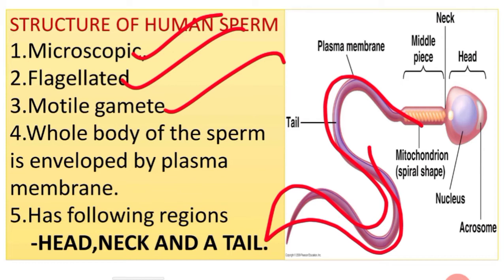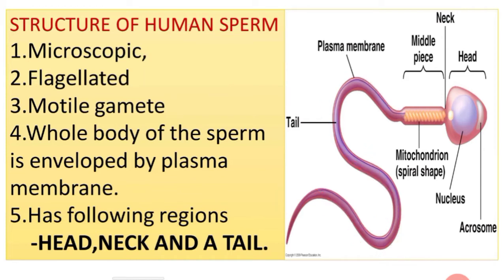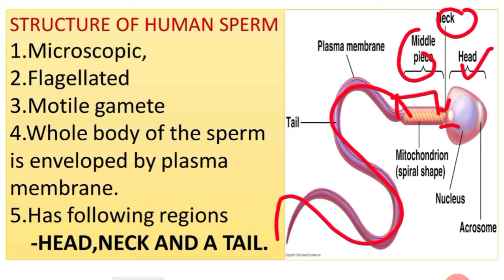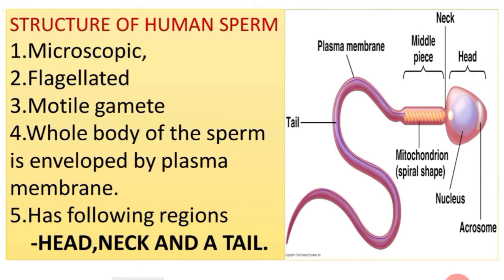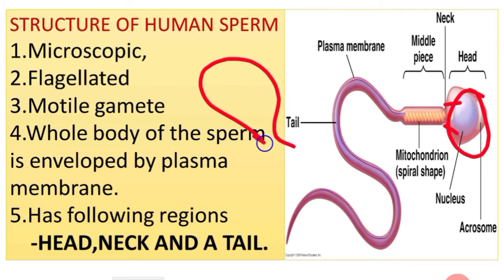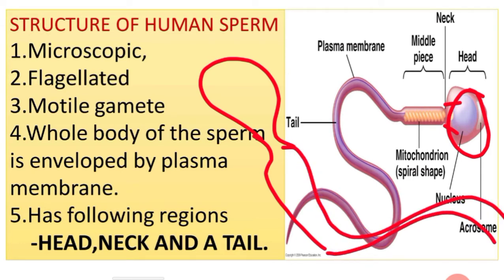See the picture, the regions are the head part, and after the head the short neck, then the middle piece, then the tail part. Yes, these are the regions present in the human sperm.